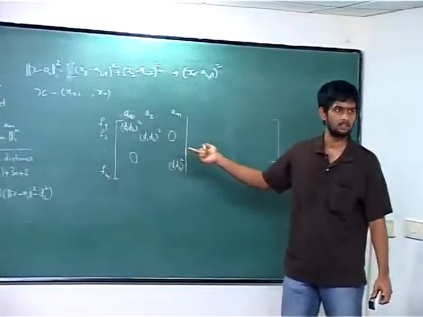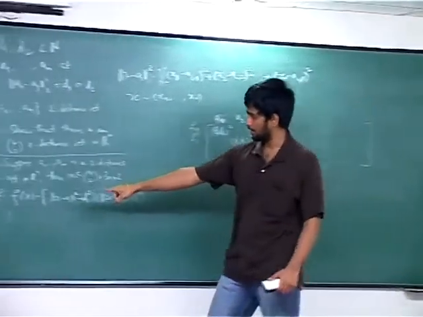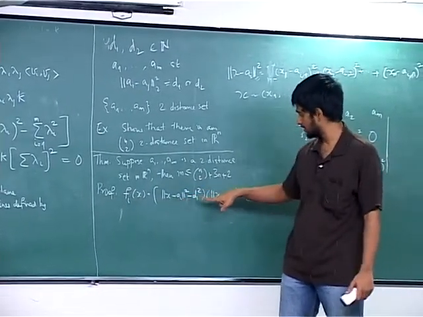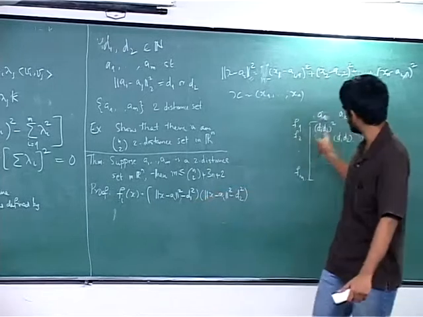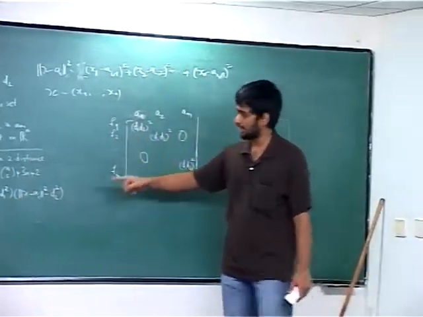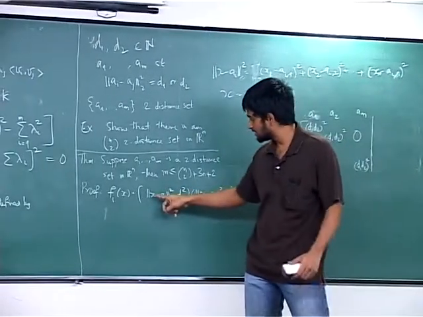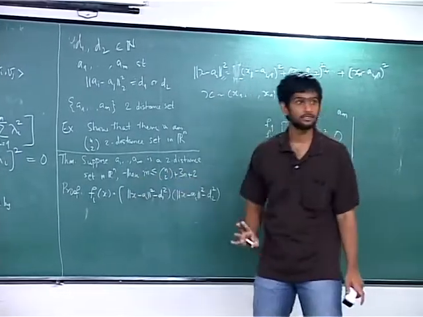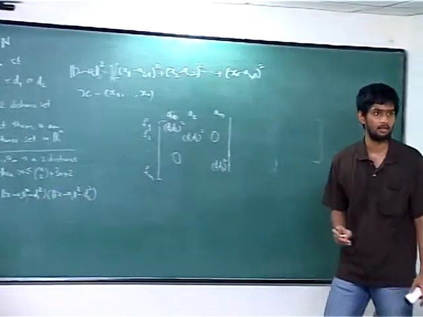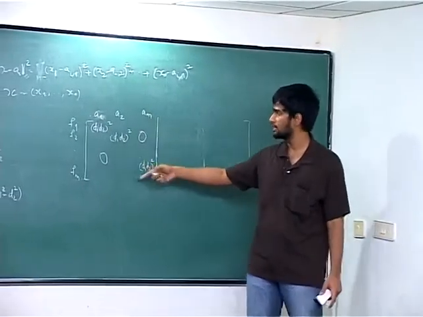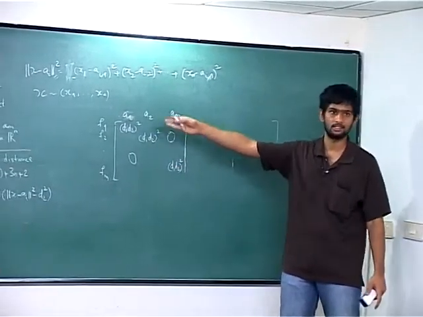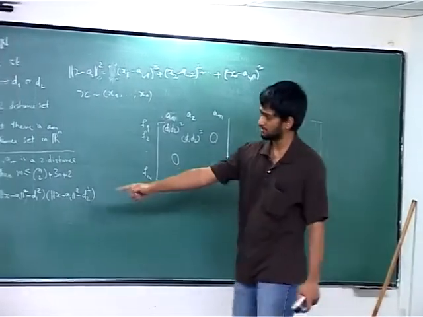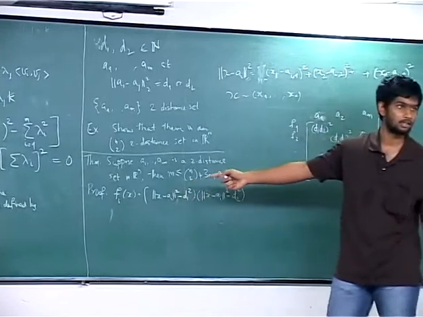Why is this the case? Look at F1. When it is A1, then both these values are equal to 0, and then you have D1 squared times D2 squared. For any other value, the distance between Ai and Aj is one of D1 or D2, and therefore this polynomial evaluates to 0 at that point. So this matrix is actually like an identity matrix, with these values on the diagonal. So this is full rank, so these polynomials are linearly independent over R.